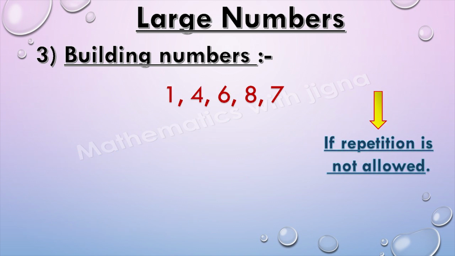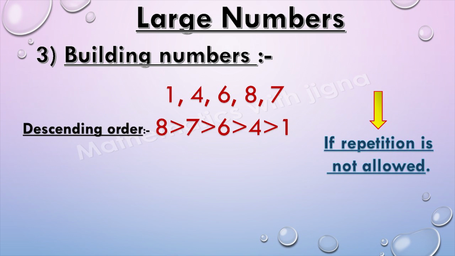Now we will take one more example. I have taken here 5 digits, 1, 4, 6, 8, 7, and we have to find out the greatest 5-digit number and the smallest 5-digit number. But repetition is not allowed.